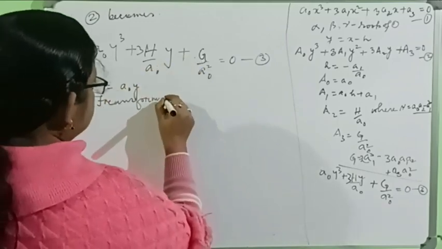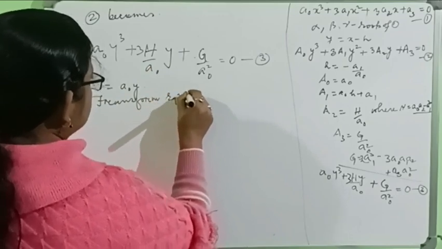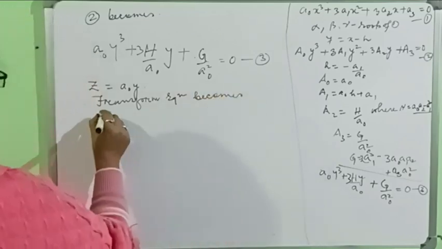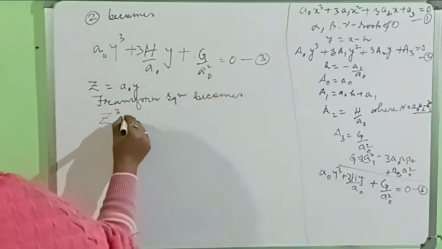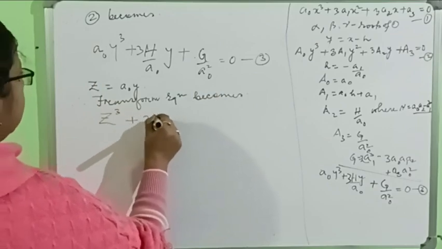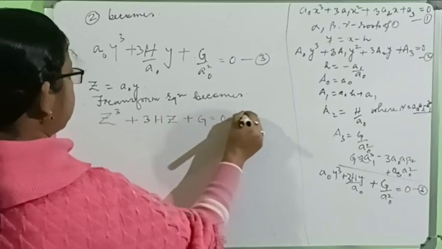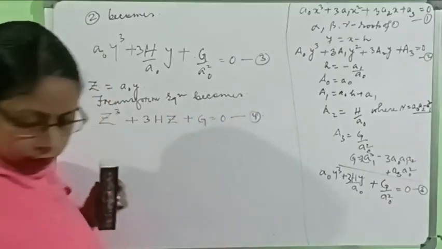Therefore the required transformed equation becomes z cube plus 3az plus z equal to 0. This is equation 4.